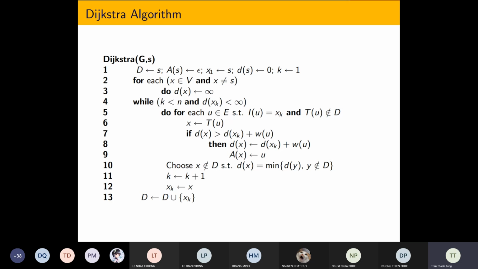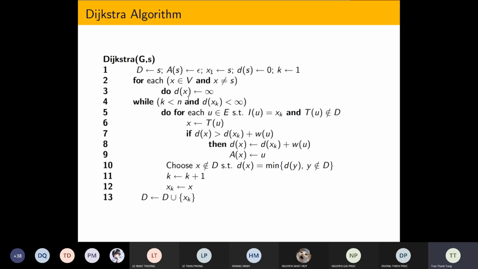S is x1, the first x. The distance from S to S is 0, and k is 1. For all the vertices different from S, we set the distance from S to that vertex to infinity, which means we cannot reach it.